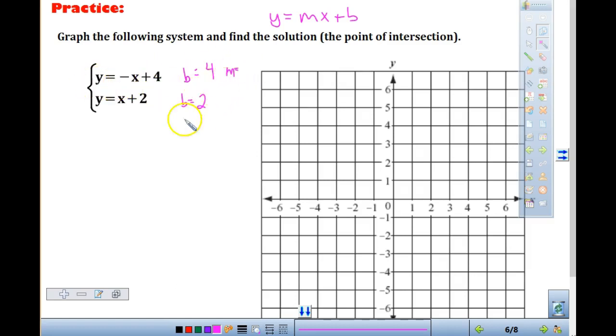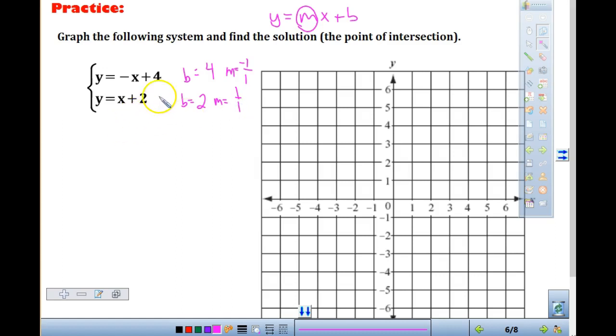No, slope is not an x, so what number are we talking about as our movement? That's times the x in this equation. What number is in front of x? Okay, but what number if there's no number there? Negative 1. And we're going to write it as a fraction, negative 1 over 1. Cassidy, if I'm looking for the m in that second equation, it is positive 1 over 1.